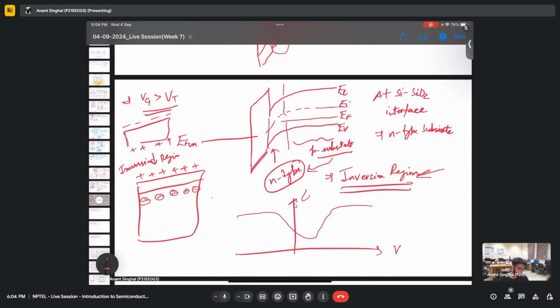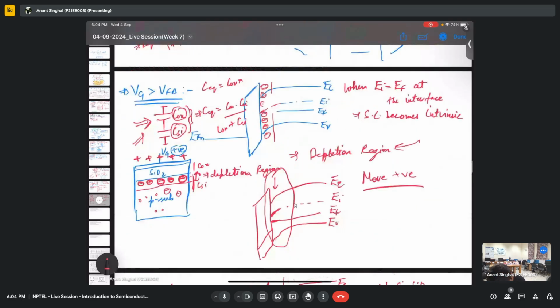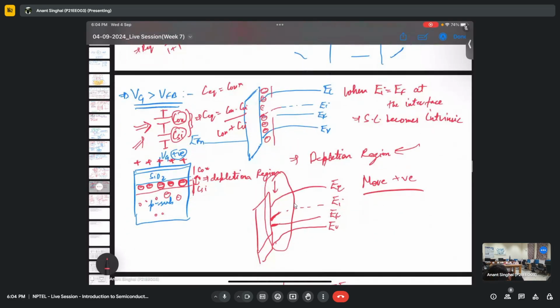Sir, could you explain again what is CSI? CSI, okay, yeah. So CSI is nothing but the capacitance due to silicon, first of all, silicon or the substrate.